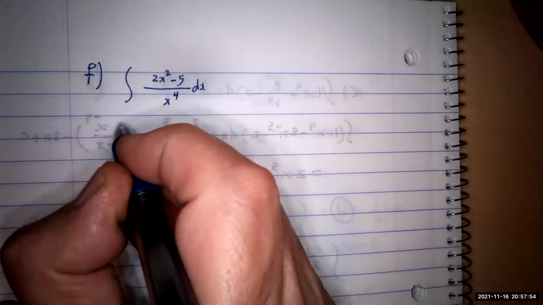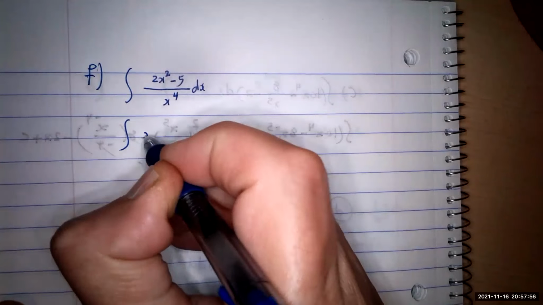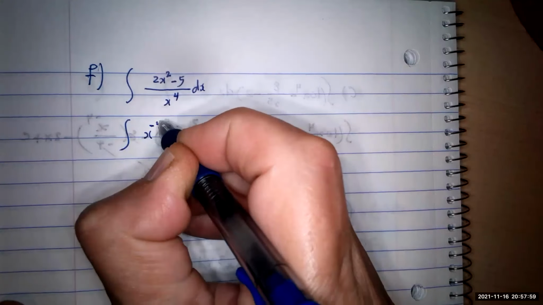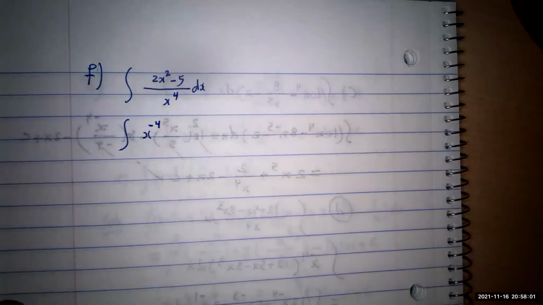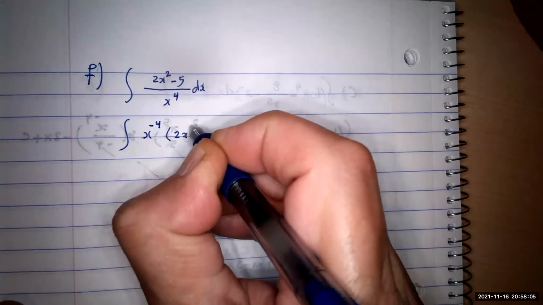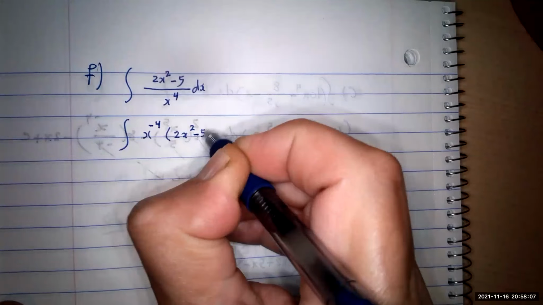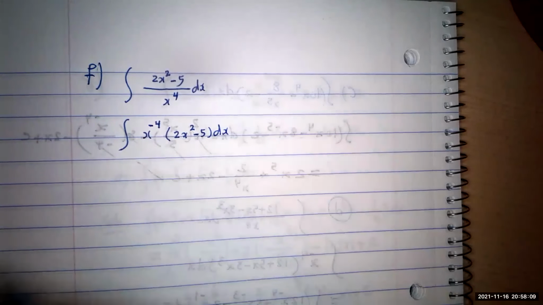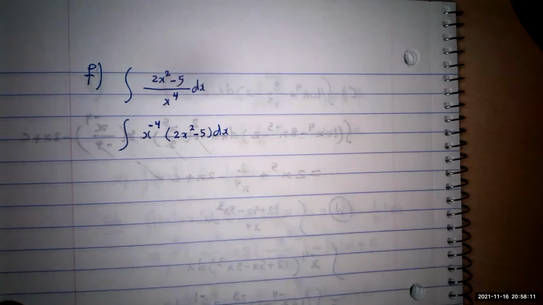So it's the integral of x to the negative 4 times the top, which is 2x squared minus 5, and the dx. Again, you have to multiply inside, term by term, and add the powers.